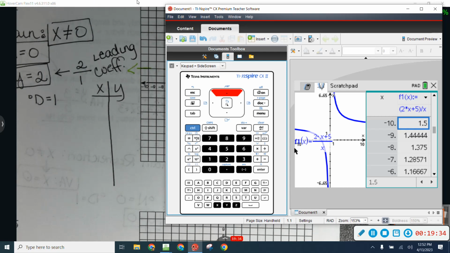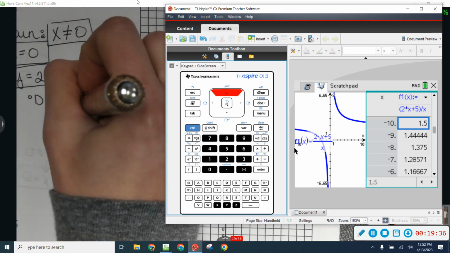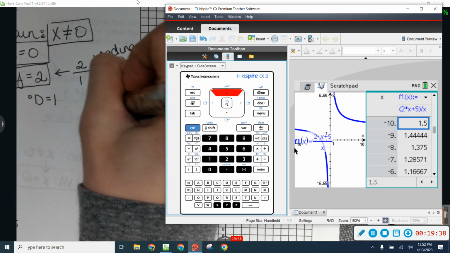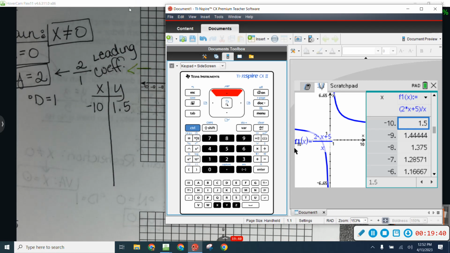Okay, so we're going to go from -10 to 1.5. It's just letting you know it's undefined, so you can think of it as a hashtag. Just hold on. Okay, so we're going to start at negative 10.